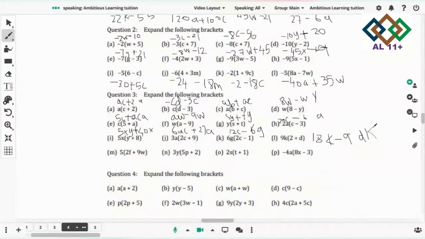We are just looking carefully about the signs because we have to be really careful about what we are doing, because if you do it right also and if your signs are wrong, you will get it wrong in your real exam.